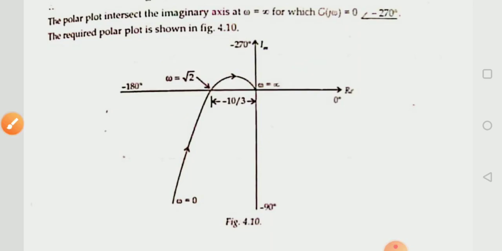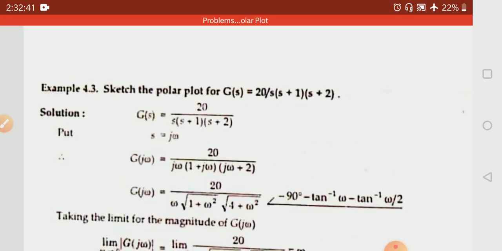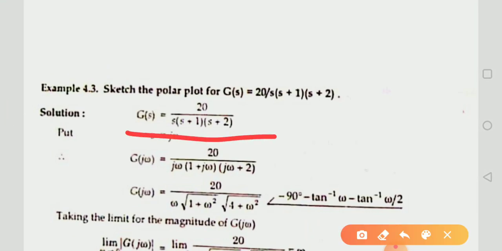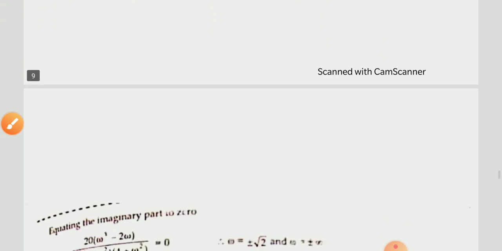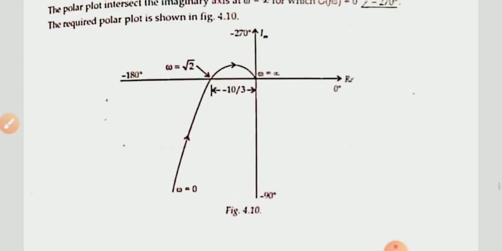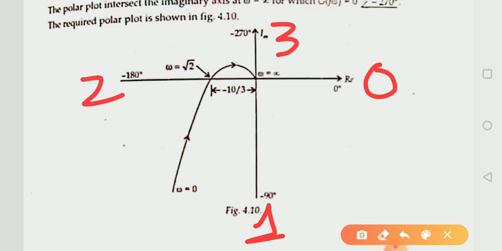Now we can check whether our polar plot is right or wrong. We can see in this transfer function, this is a type 1 and third order system. Now we can check here. Type 1 means type 0 and type 1, so the system lies between here, this is type 2 and this is type 3. So the system starts from here.